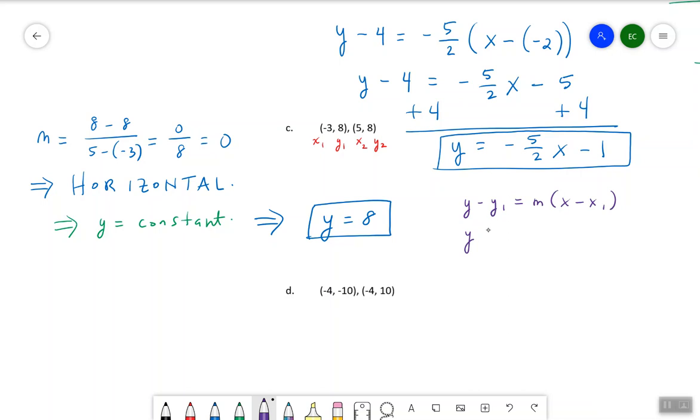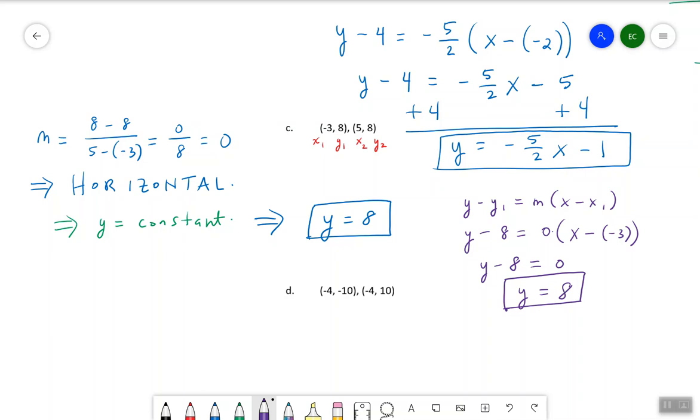It's just a little bit unnecessary. You'd have y minus 8 is equal to 0 times x minus negative 3. And then, of course, 0 times anything is 0. So we have y minus 8 equals 0. And when we add 8 to both sides, then we still get the same answer, y equals 8. Okay.